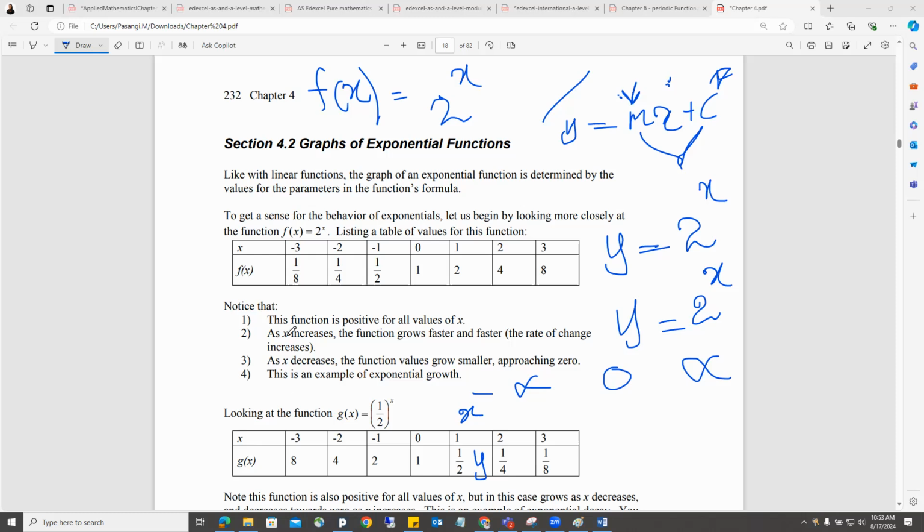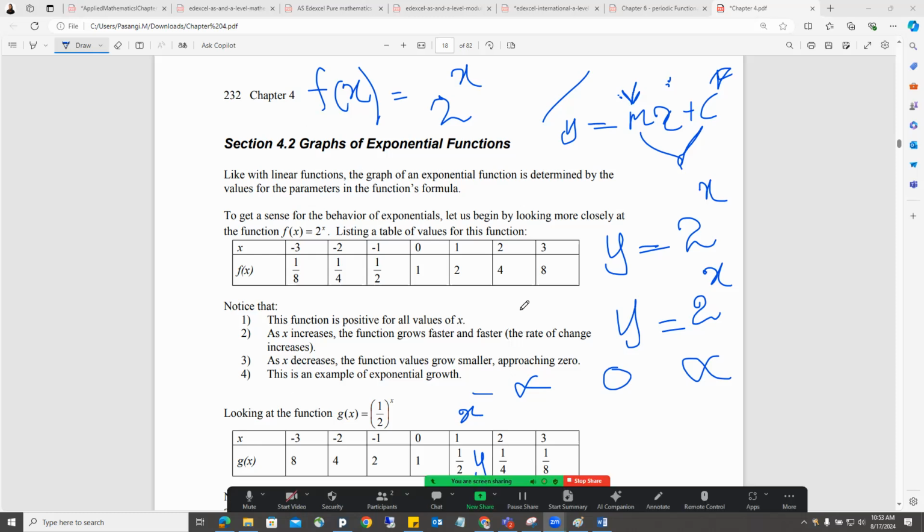Drawing graph. Yes, see, now the graph looks like this. The curve will be like this. They have also listed all the data point values in a data table. If x is minus 3, then y is 1 over 8; minus 2, 1 over 4; minus 1, 1 over 2.